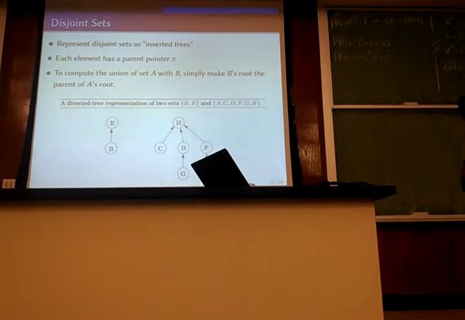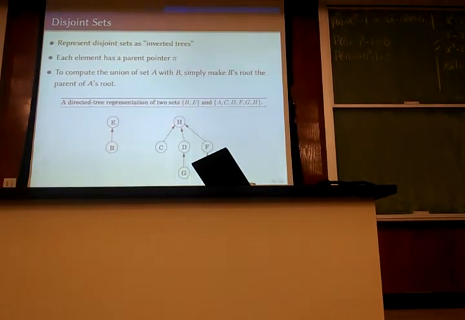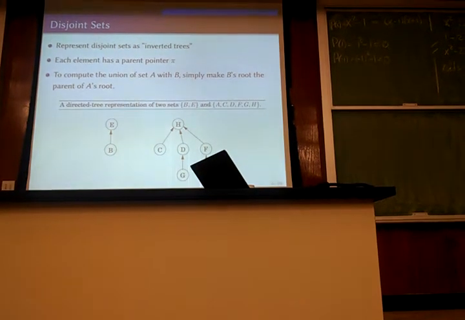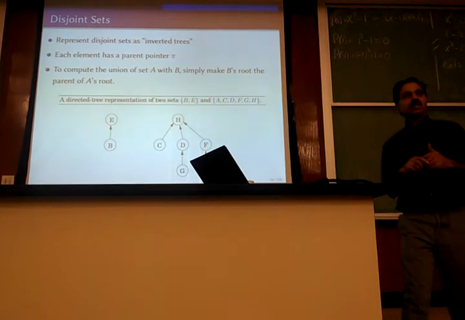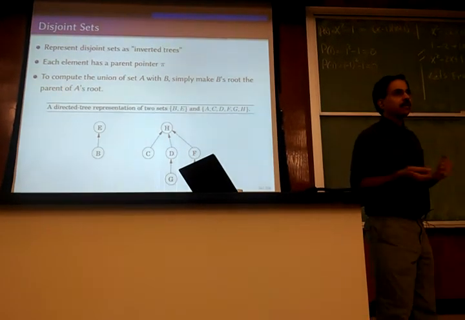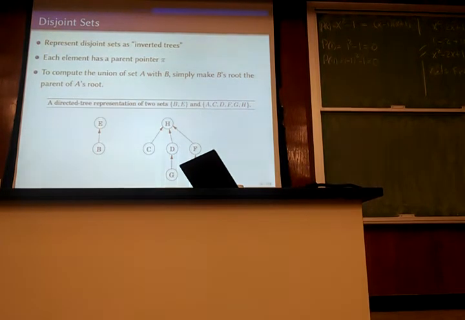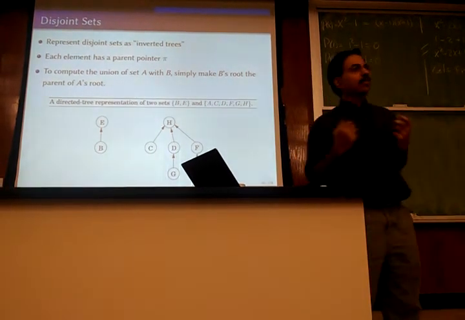Therefore, if you have n unions followed by n finds, it can easily take n squared time. So the worst case for executing order of n operations is order of n squared, so we have an amortized cost of order of n per operation. And what we are going to discuss today is how we can improve this.